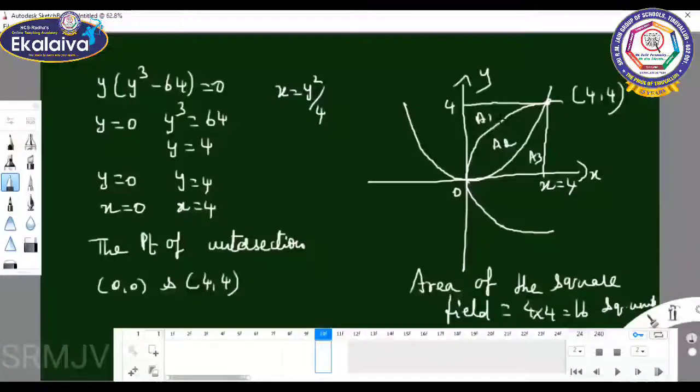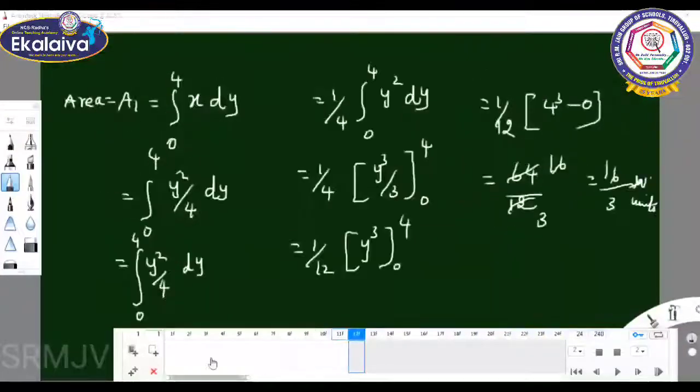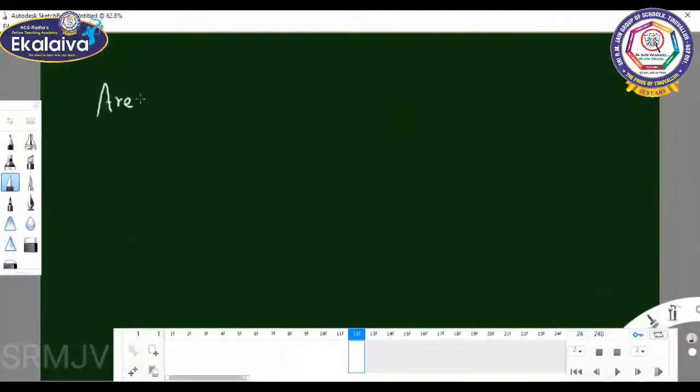Then this one is the third area, A3. A3 equals the integral from 0 to 4 of y into dx.